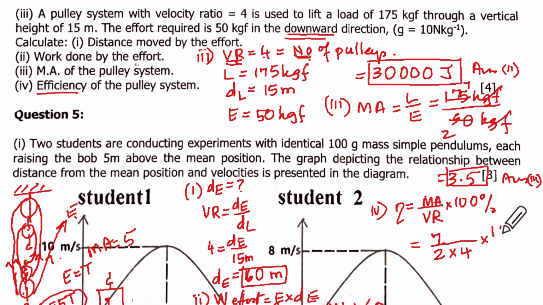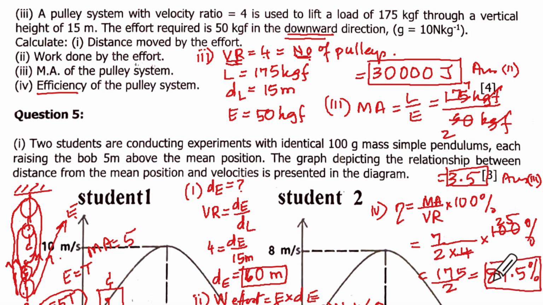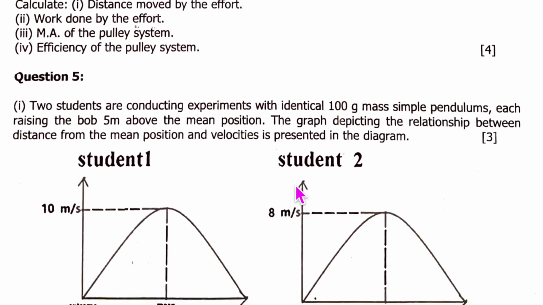Understanding how we can go ahead with that, and 4 goes here 25 times. 25 sevens is 175 upon 2, which is 87.5%. Are you getting that? Okay. Yes. Let us move to the next question, and let's be quick.